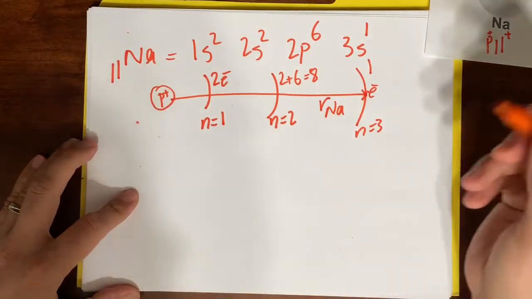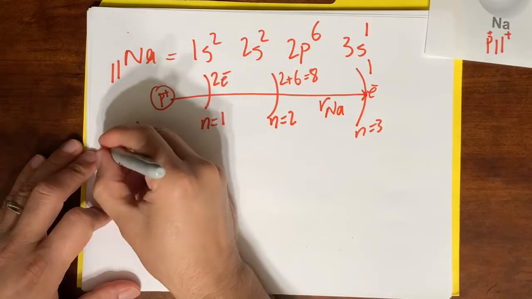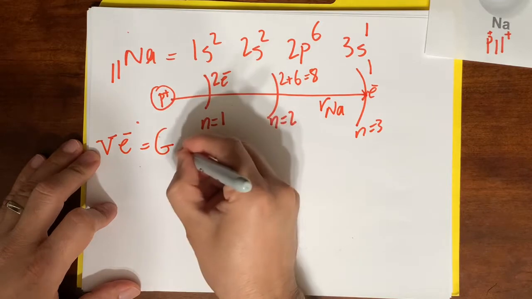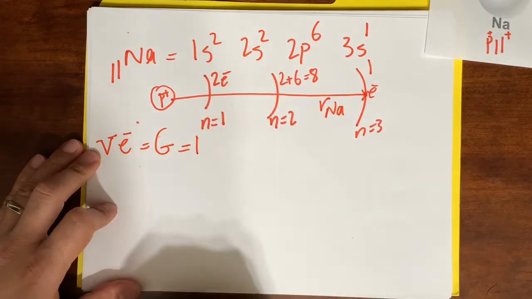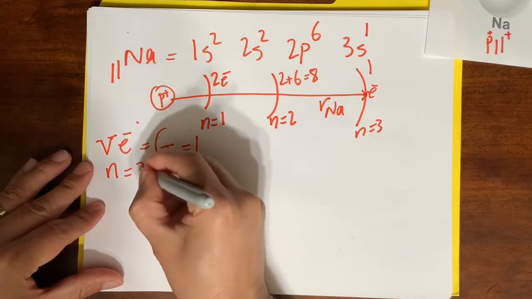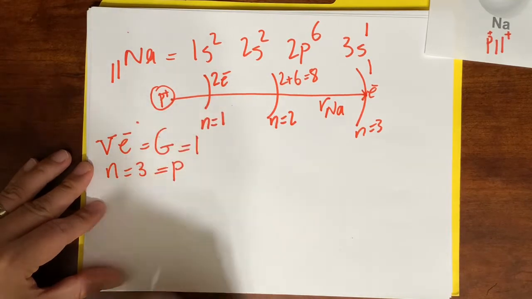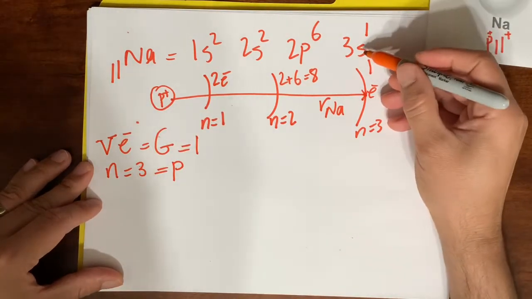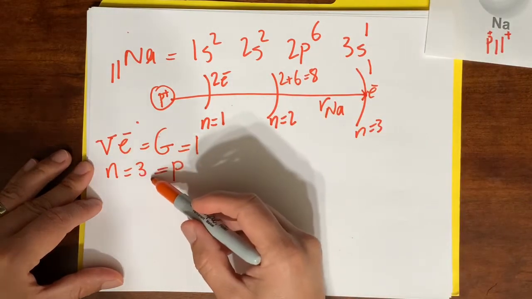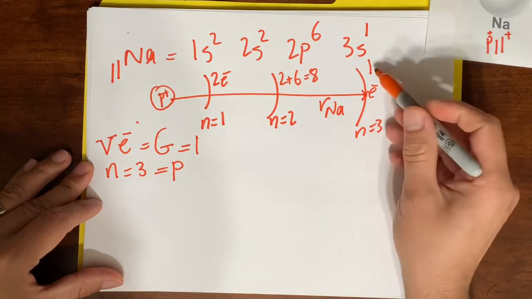Okay. How many valence electrons do we have? Valence electrons equal the group, and it will be just 1, because the highest n is equal to 3 and represents the period. And we have only one orbital that comes with n equal 3, so let's count the number of electrons in it.